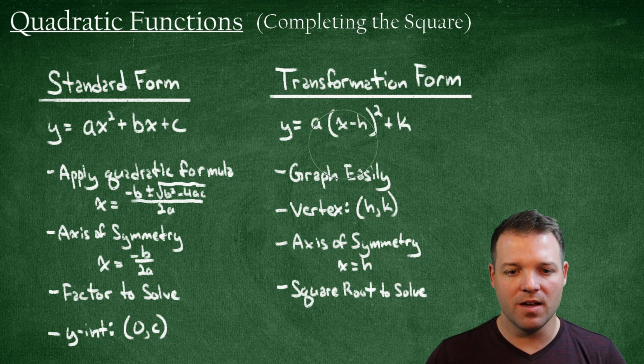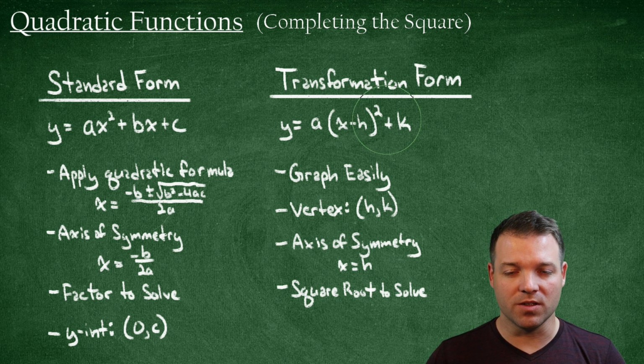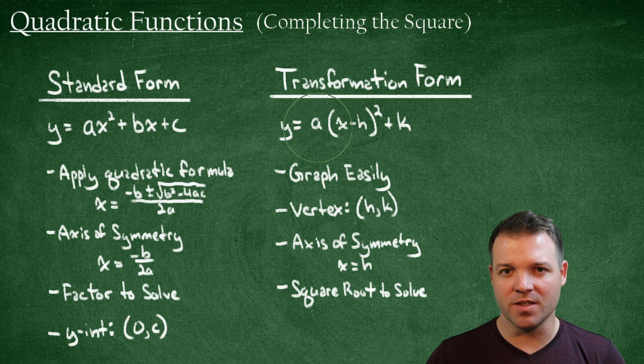The vertex is just h comma k, because h tells us how much it is shifted left and right, and k tells us how much it is vertically shifted up and down. a will also tell us how much it is vertically stretched or compressed, and whether it's pointing upwards or downwards if it's negative. However, let me backtrack with standard form.